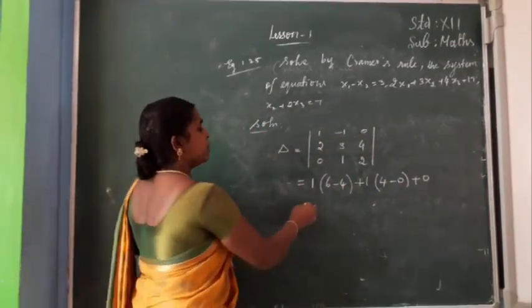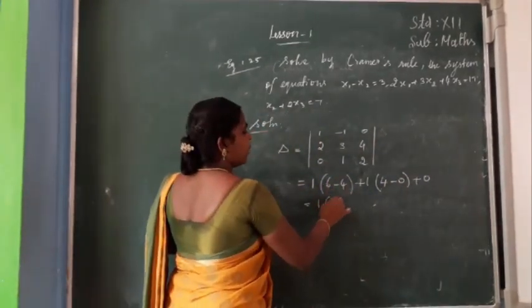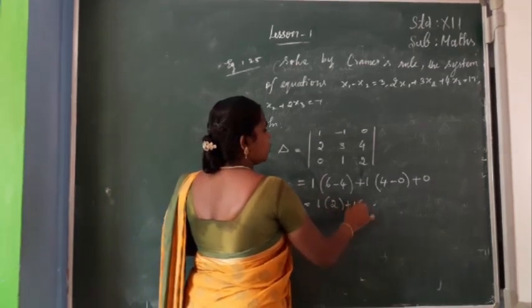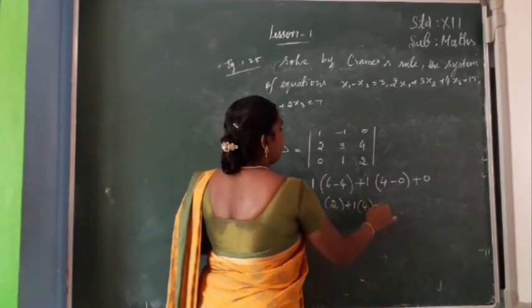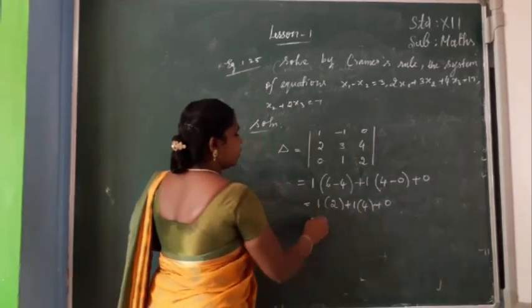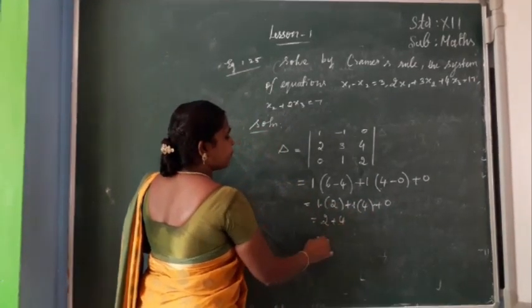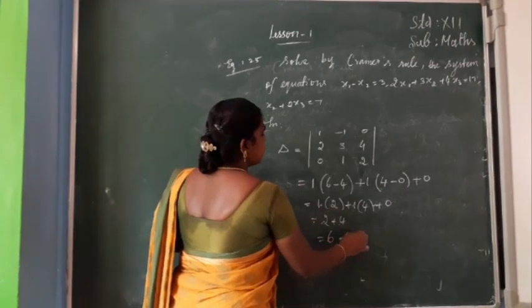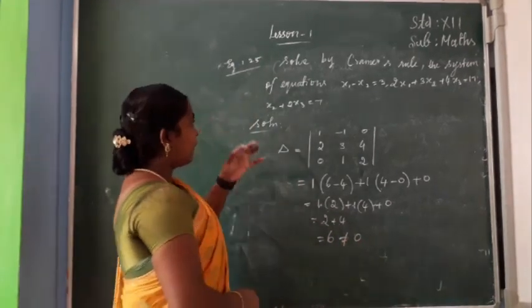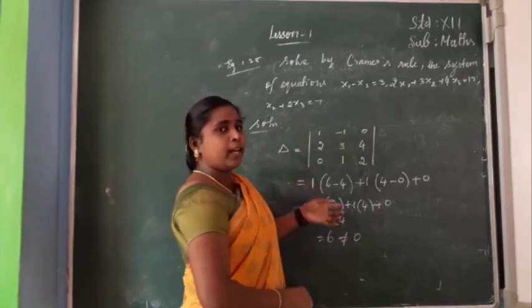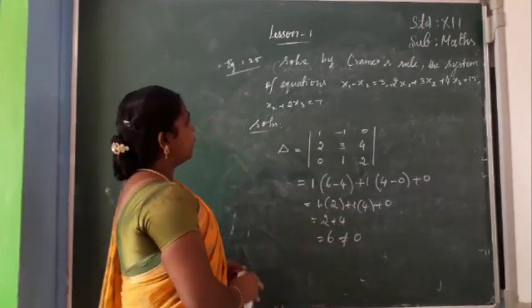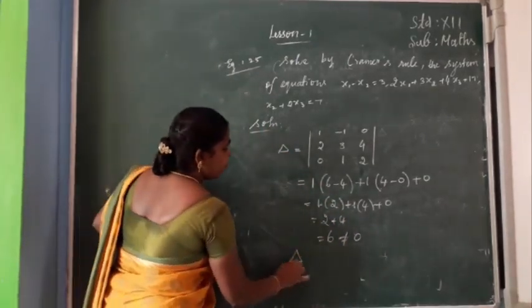So 1 into 2 is 2, plus 1 into 4 is 4. So 2 plus 4 is 6, which is not equal to 0. As I told, for Cramer's rule we need delta not equal to 0, so we can continue.